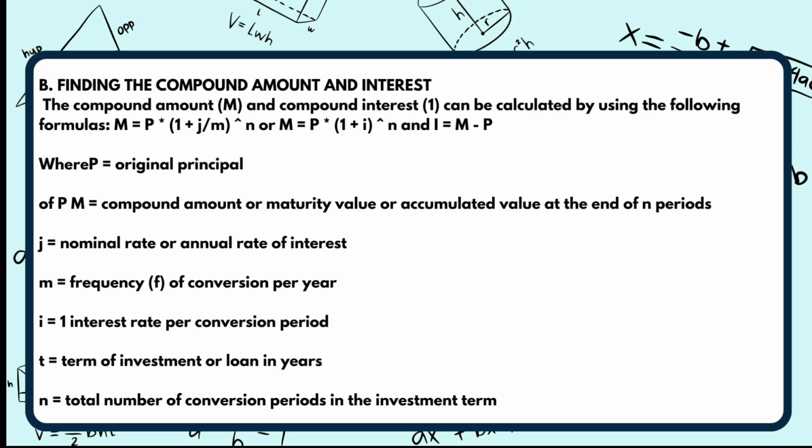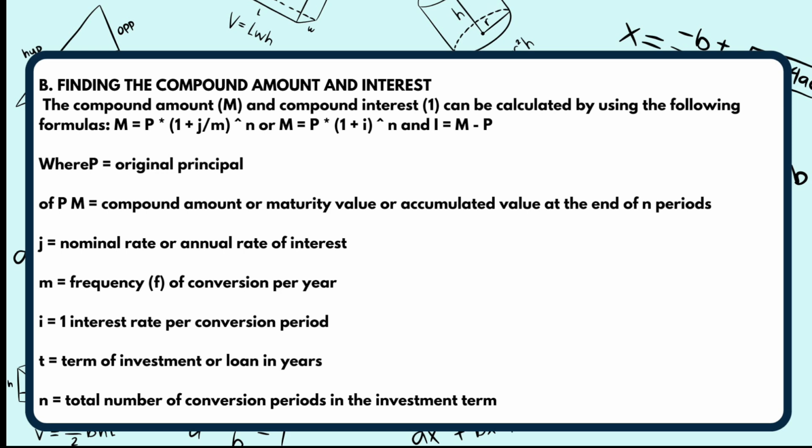Ito yung interest rate na nakasulat para sa isang taon. Tinutukoy ito ng G. Halimbawa, kapag sinabi natin G is equal to 8%, ibig sabihin 8% interest rate per year lang.